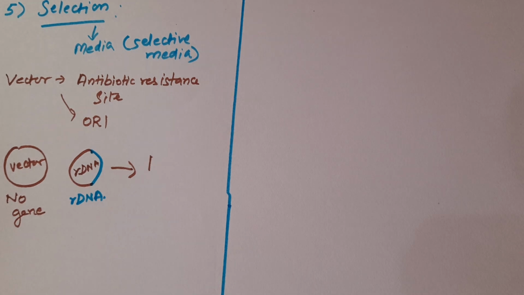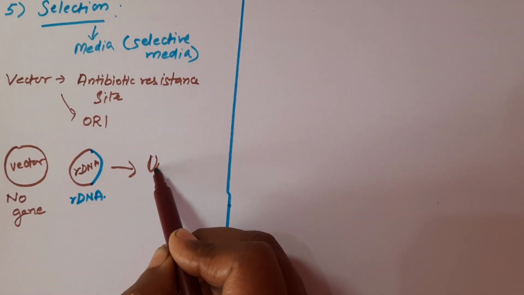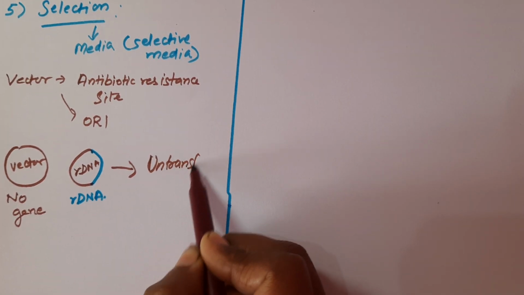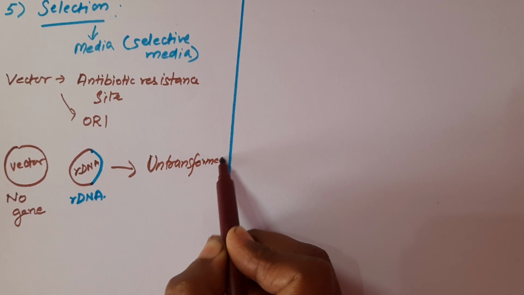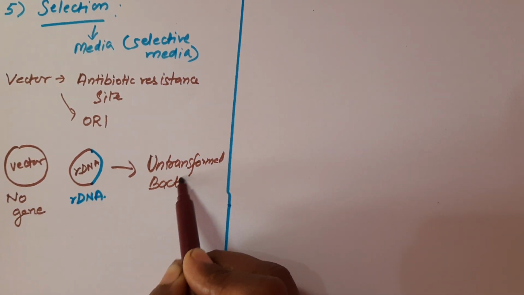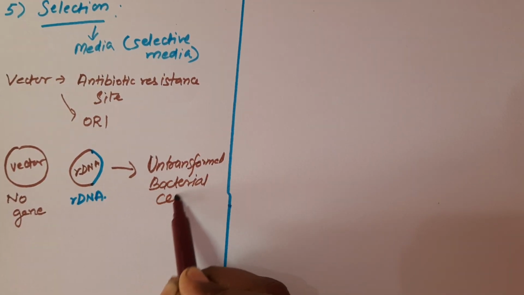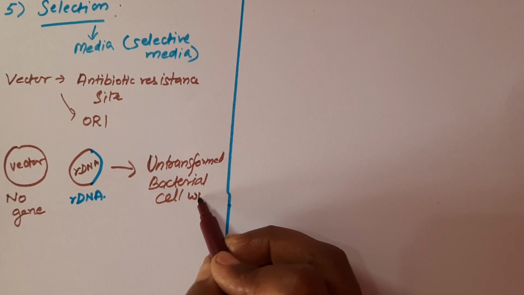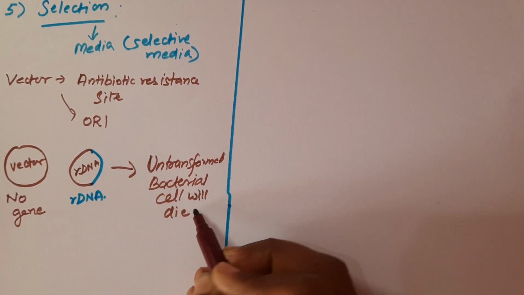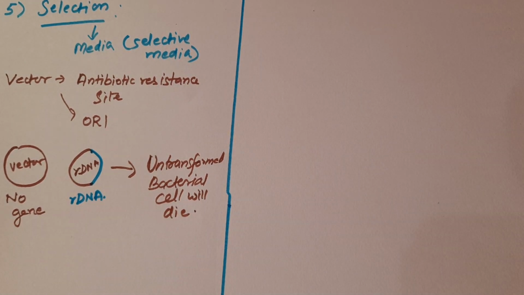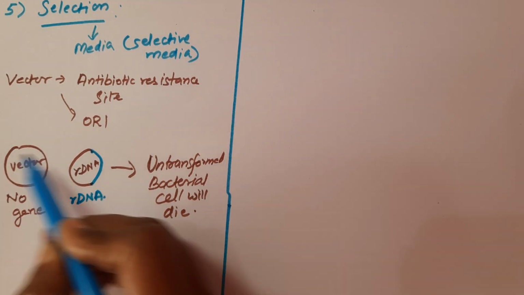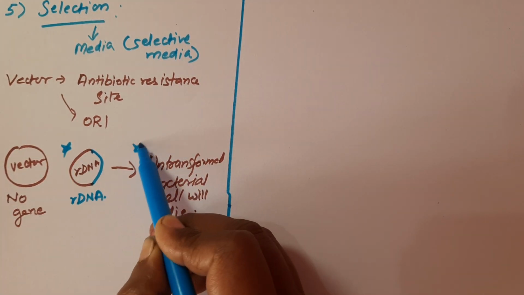The untransformed bacterial cells will die. Okay. So once we have done the transformation, we will have three different kinds of cells in the media.